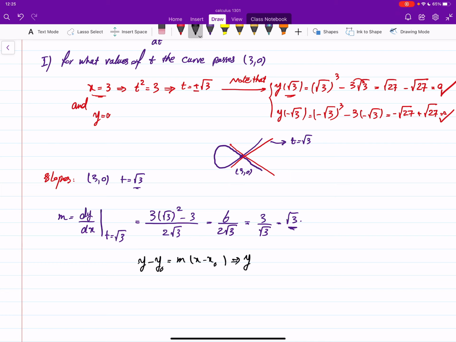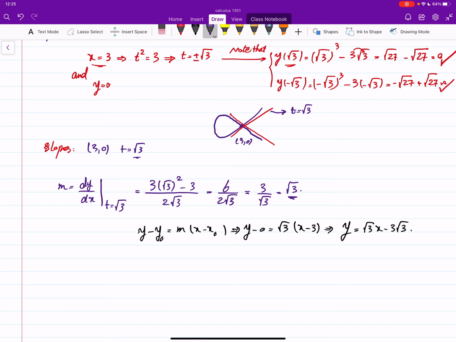That means that y minus 0 equals root 3 times x minus 3. And that means that one of the equations is given by y equals root 3 x minus 3 root 3.